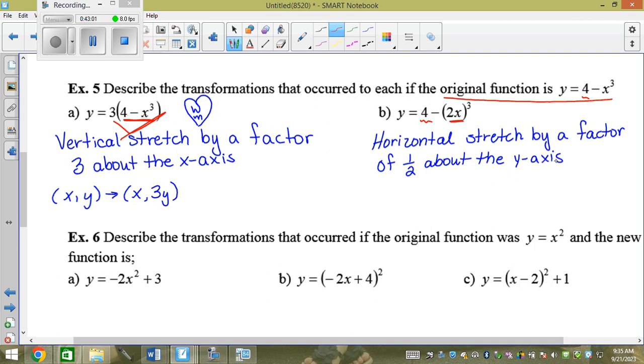And if words and mapping are the same, and I'm using a half in words, I'm going to use a half in mapping, right? The number doesn't change between words and mapping. So I'm going to get xy becomes, and because it's with my x, it affects my x, 1/2 x, comma y. Don't overthink it. Same number I use in words is the same number I'm going to use in math.